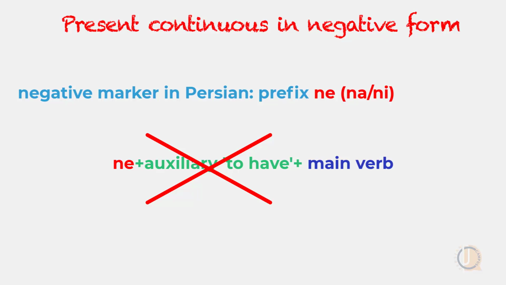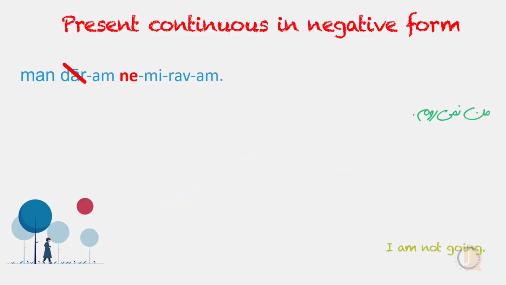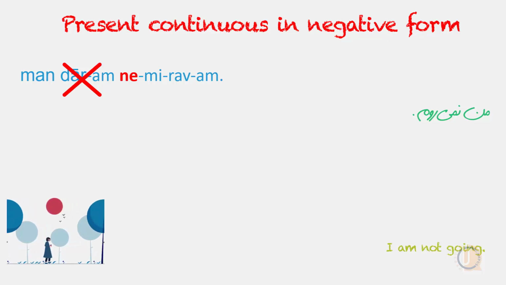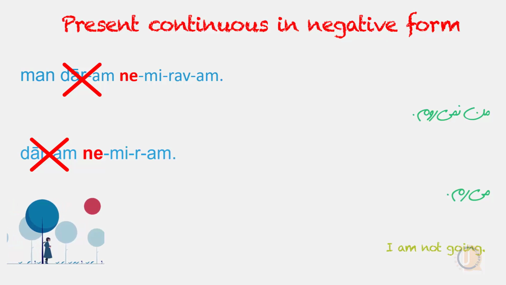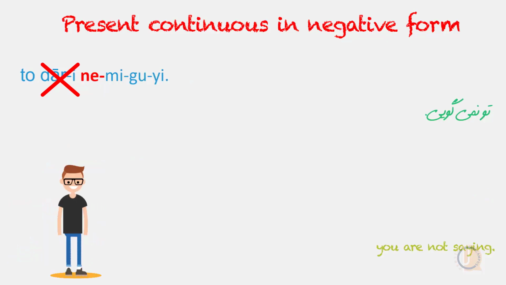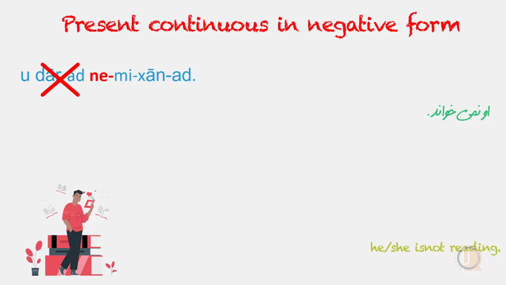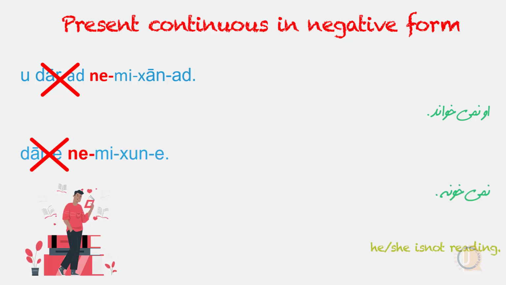So the above sentences change to من نمی روم or نمی رم. I'm not going. تو نمی گویی or تو نمی گی. You're not saying. او نمی خواند or نمی خونه.